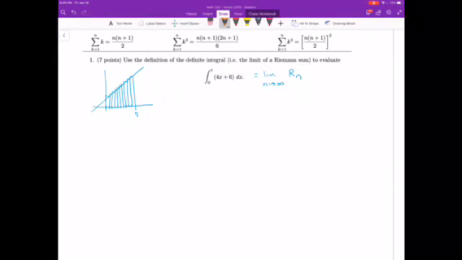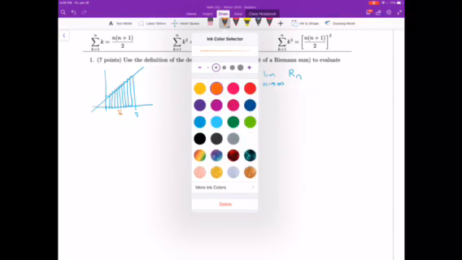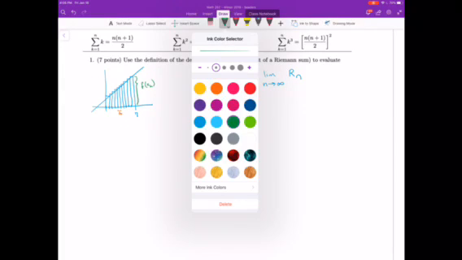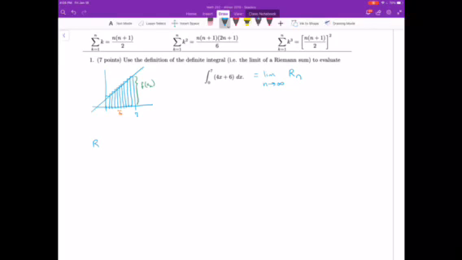We'll call the width of the subinterval delta x, and the output of the function f of x sub k. And so my Riemann sum is adding up these outputs times these change in inputs, or the width of the subinterval.